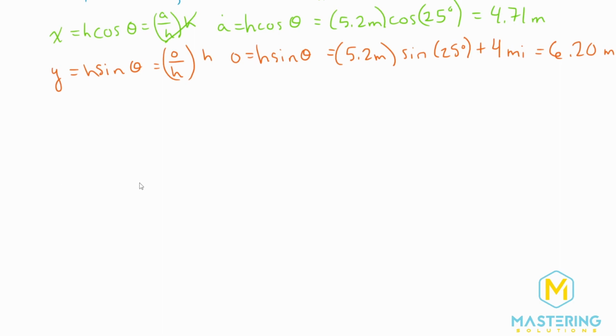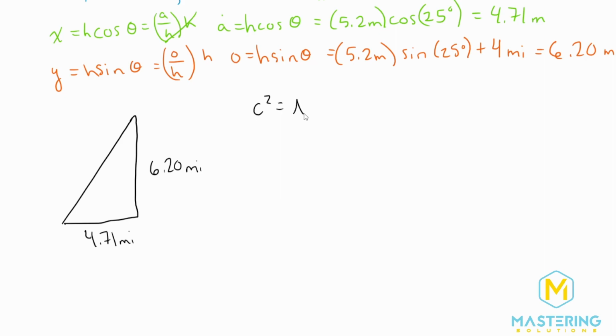So now let's redraw our triangle one last time. So we have this one is 4.71 miles. And then this one we said is 6.20 miles. And as we already discussed, we'll be using Pythagorean's theorem. And we have c squared is equal to a squared plus b squared.